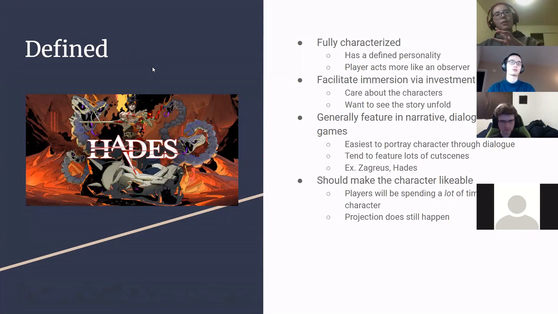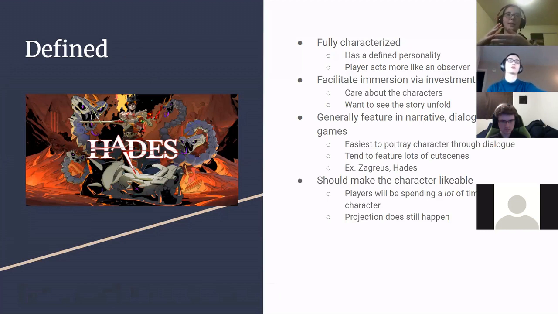And then as a contrast to blank slate characters, we have defined characters, which are fully characterized, fully realized characters. They're basically just people, and the player is influencing their actions, but from a storytelling perspective, they're very much an outside observer.